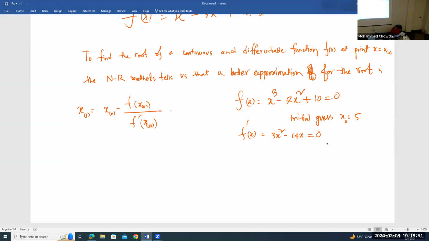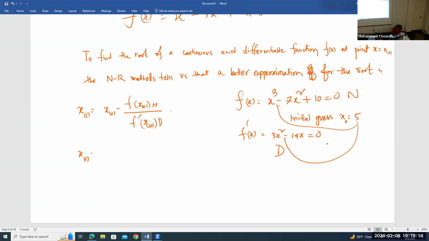So now x equal to 5, I want to plug in there. This is my numerator. This is my denominator. And this is the value. This is the first approximation, first iteration. Understand? First iteration. Then the second one is what?